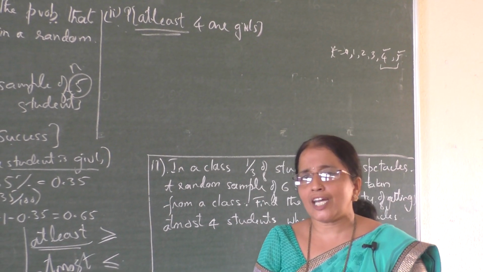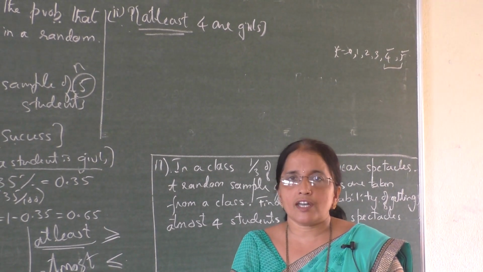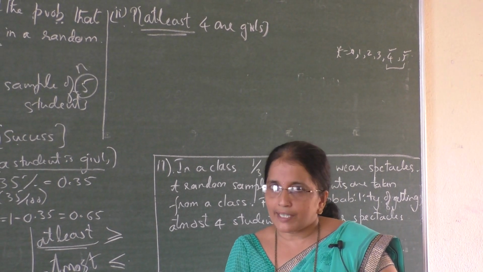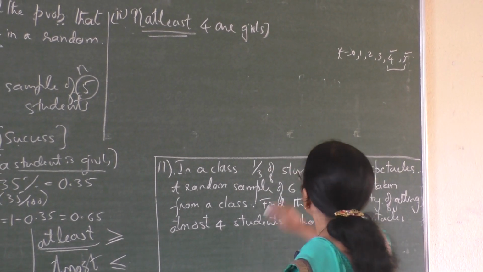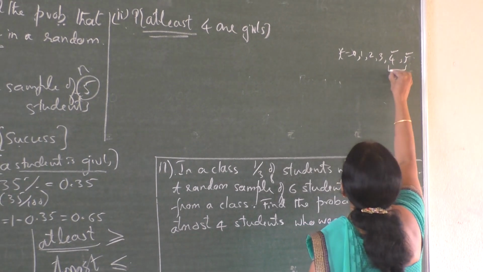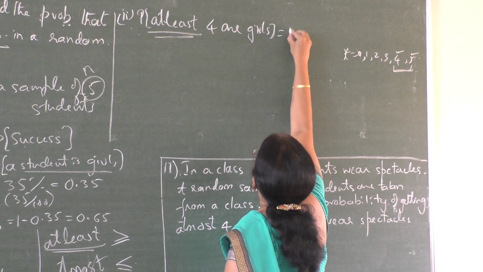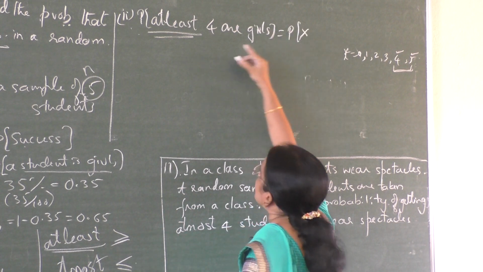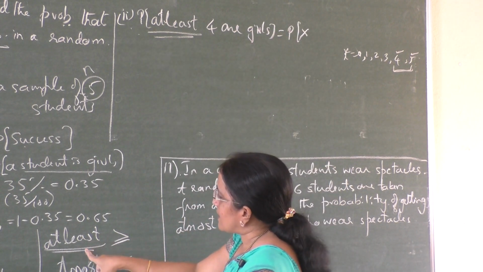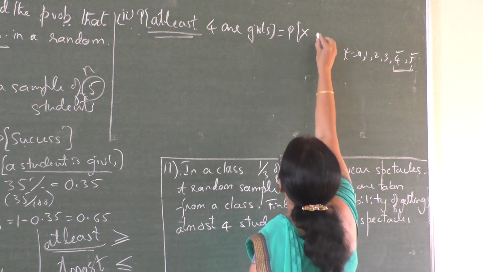Suppose at least 3 is given, then either 3 or 4 or 5. But here in the problem it is given 4. So we want to substitute these 2 values of x in this problem. We write probability of x greater than or equal to 4. If there is at least, write greater than or equal to.